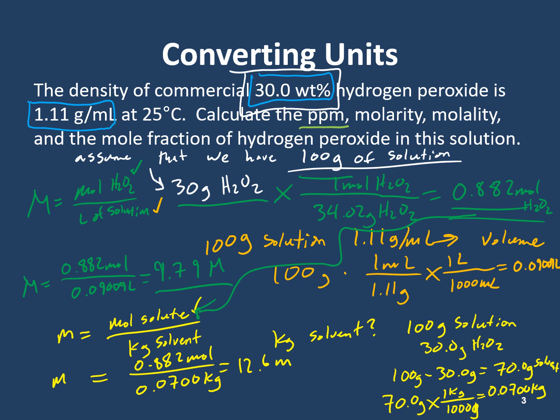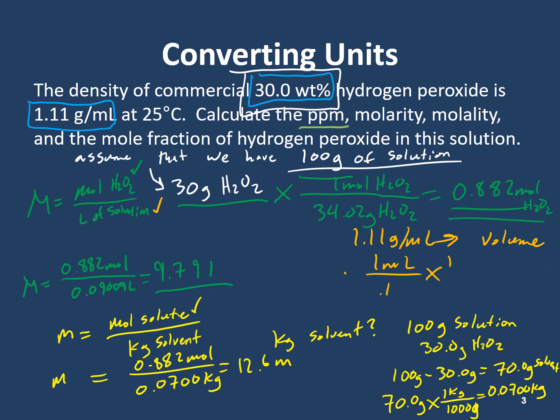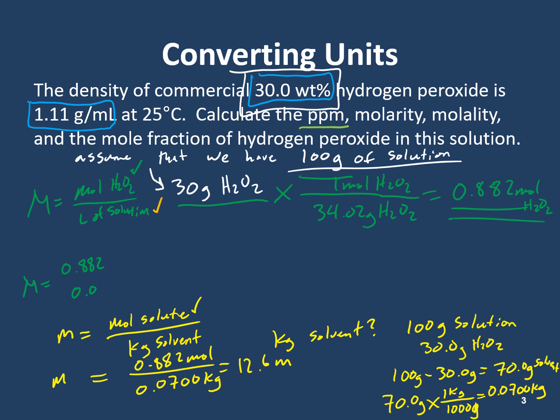All right, so let's talk about how to do the last one, the mole fraction. With the mole fraction, I need moles of solute, in this case H2O2. Got that? That's the 0.882 moles.